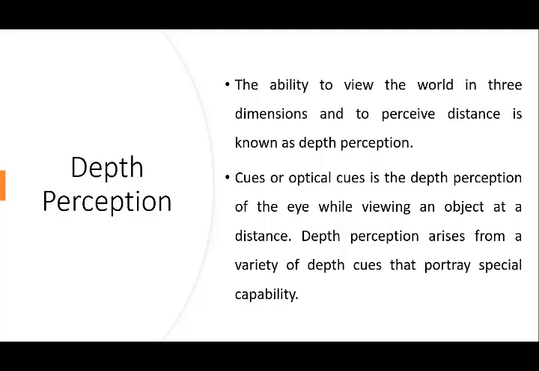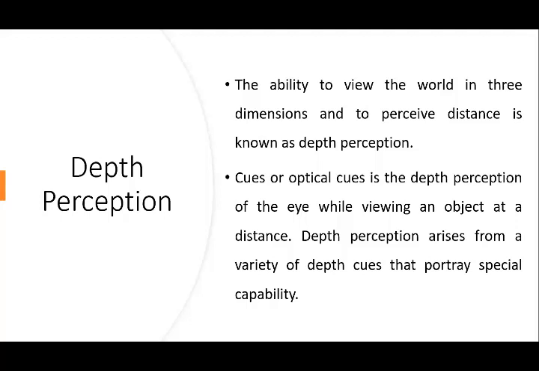And let me tell you one thing, depth perception is also involved in the auditory sense. In hearing, our brain assumes how far this voice is coming from, from which direction, and at approximately what distance. So depth applies to both the auditory as well as the visual.